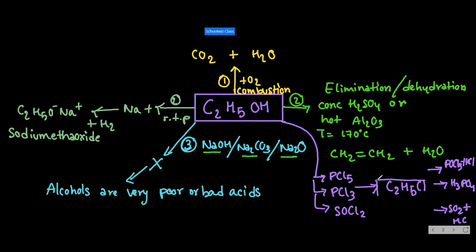So all of them have the same product, but the byproduct with PCl5 is POCl3 with HCl, with PCl3 it's H3PO4, and for SOCl2, it's sulfur dioxide and HCl. If you ever see a halogenoalkane forming, but your byproducts are sulfur dioxide and HCl, just remember that this came from SOCl2, okay?